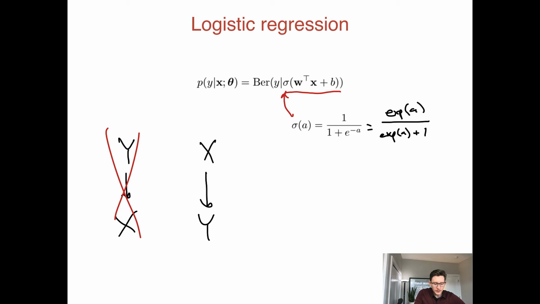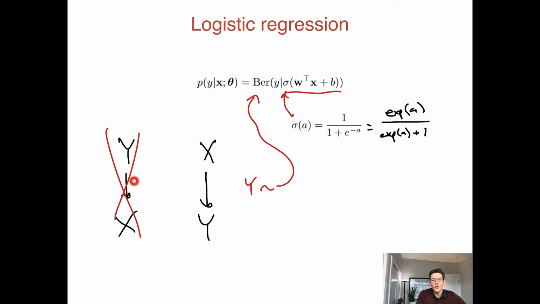We're assuming here that y is a function of x, and that y is distributed according to that Bernoulli distribution with this probability parameter here.